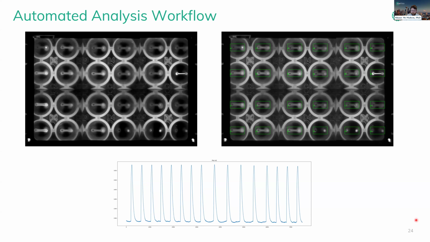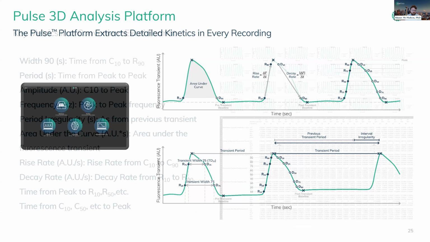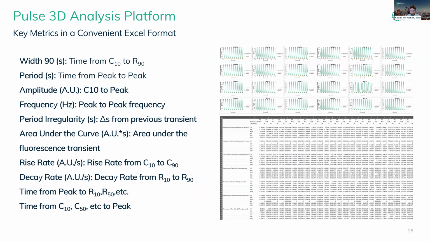Then we can take this data and upload it to the Pulse Cloud platform for automatic extraction of the detailed kinetics from every recording. So Pulse will automatically calculate key parameters such as the peak amplitude and the period.